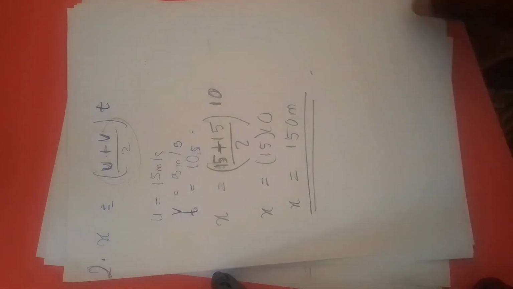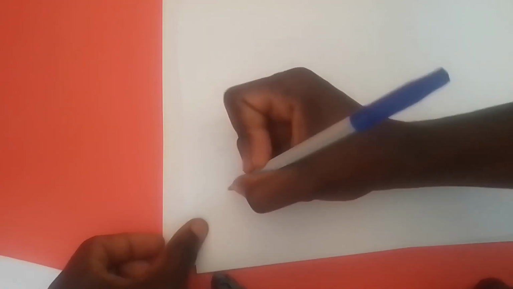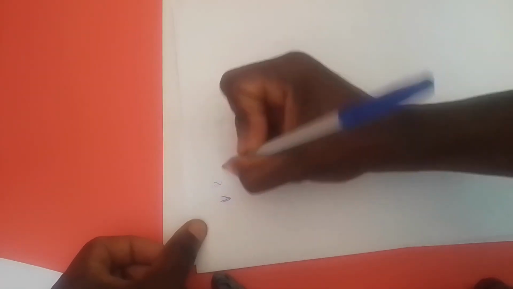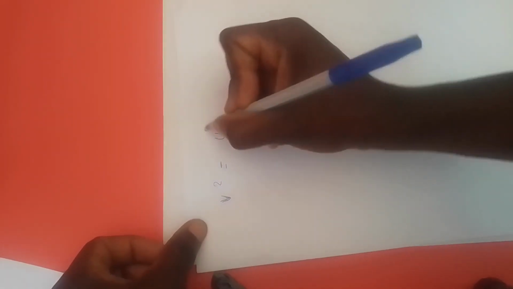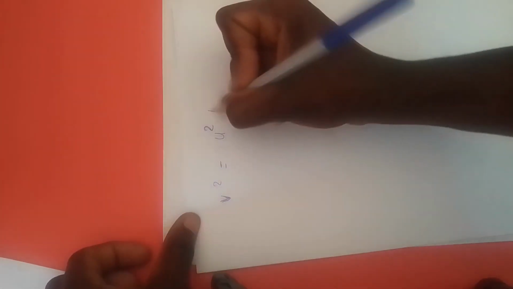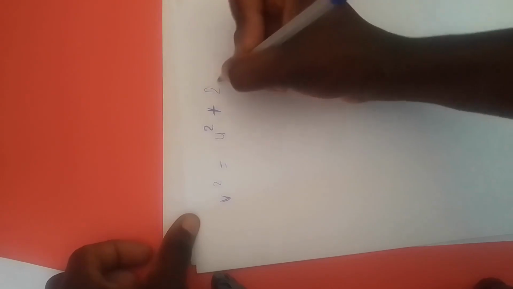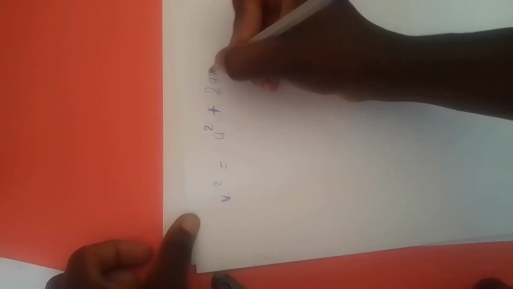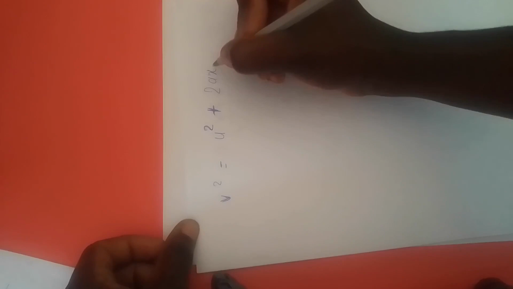Okay, so we are moving on to the third equation. I hope I'm not moving too fast. The third equation is saying, and I want you to pay closer attention this time, that v squared is equal to u squared plus 2as, or plus 2ax.